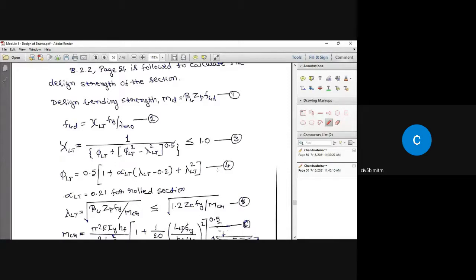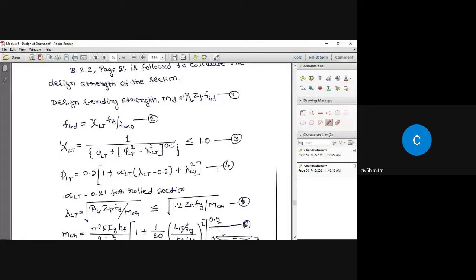So in this formula, beta B is known, that is 1 for a plastic section. ZP is nothing but ZPZ of the section we have selected. That is also known. Fy is known. The only thing we don't know in this formula is MCR. Okay. So find out what MCR is.